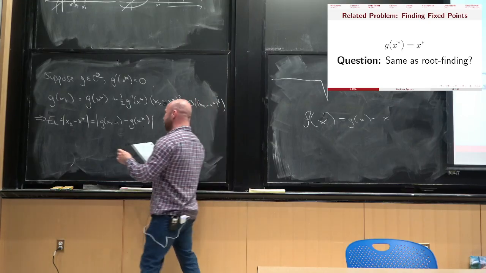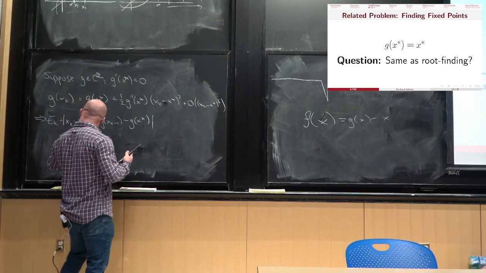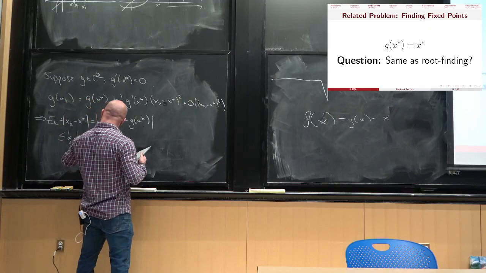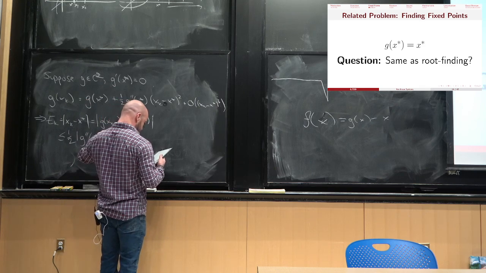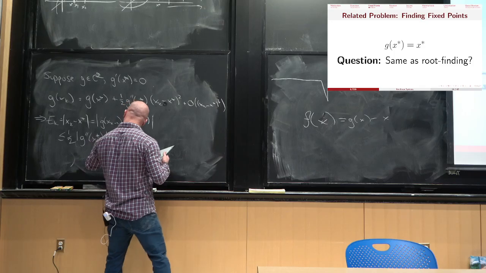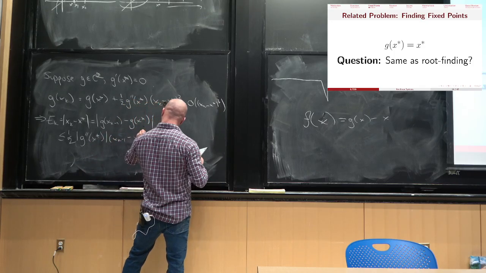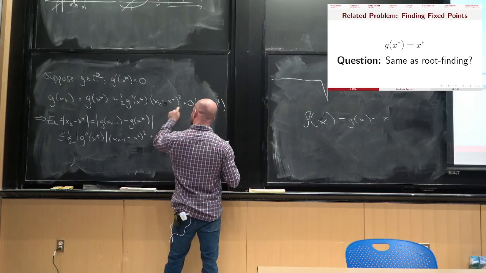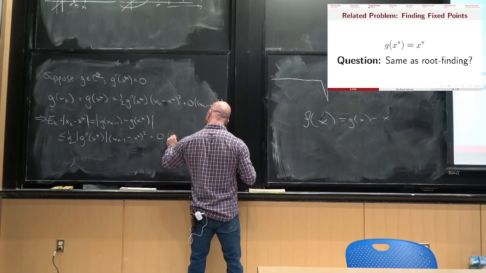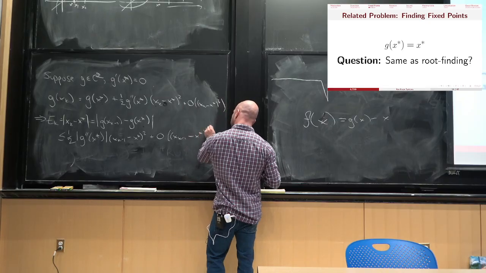Using the triangle inequality, we can bound above that this is 1/2 times the absolute value of g double prime at x star, times xk minus 1 minus x star squared, plus big O of xk minus 1 minus x star cubed. Okay?